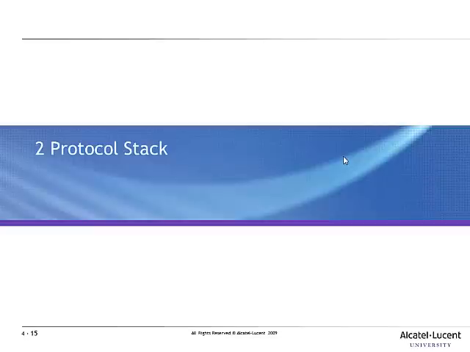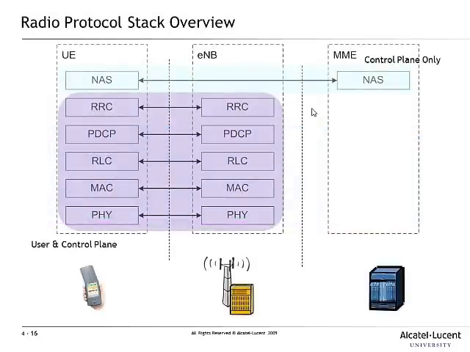The next thing I'm going to look at is the protocol stack. What are the important protocols? Well, this diagram shows the various protocols that are used for communication across the air interface.